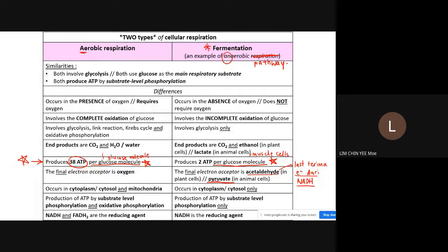If the question asks you about ATP production, if the question asks to contrast aerobic respiration and fermentation in terms of ATP production, if it already says ATP production, can I write presence of oxygen, absence of oxygen? Can I compare this?